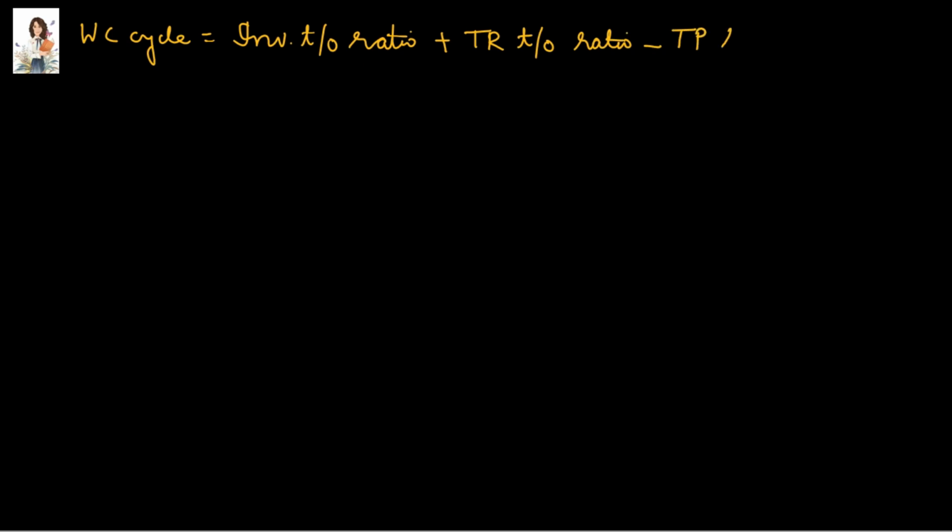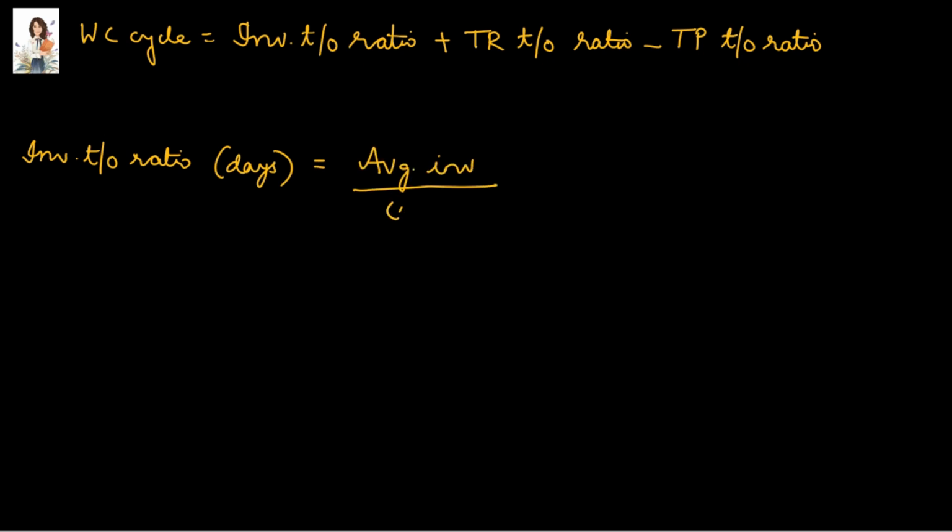We know that working capital cycle is equal to inventory turnover ratio plus trade receivables turnover ratio minus trade payable turnover ratio. We'll have to find out each one of these ratios. Inventory turnover ratio in days is equal to average inventory upon cost of sales into 365.